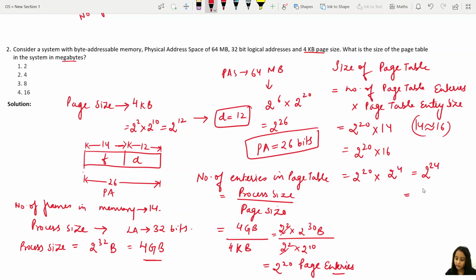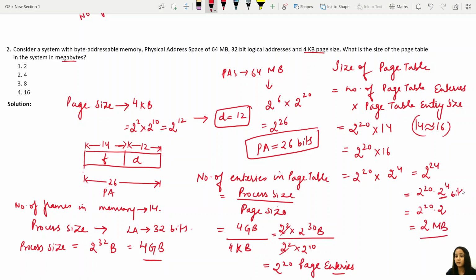If I have to convert these bits into bytes, because the answer is in bytes, it will be 2 raised to power 24 divided by 2 raised to power 3, which is 2 raised to power 21, so it will be 2 megabytes.